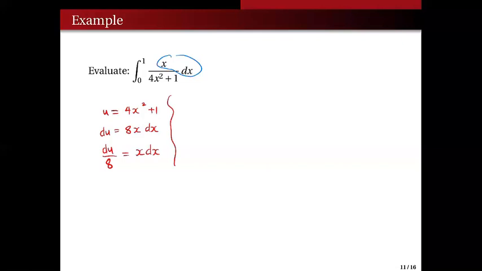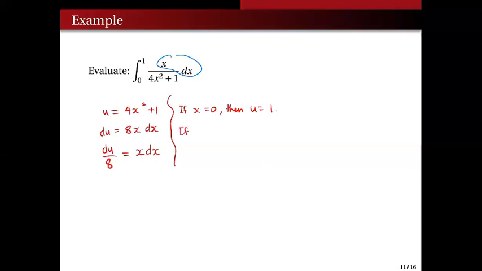So in here, if x equals 0, then u is equal to 4 times 0 plus 1. So u equals 1. If you replace x with 0, 4 times 0 squared, that's just 0, and then plus 1, so you have 1.